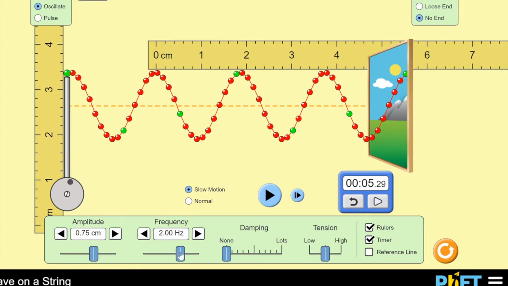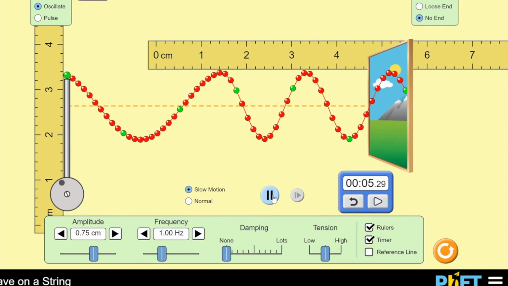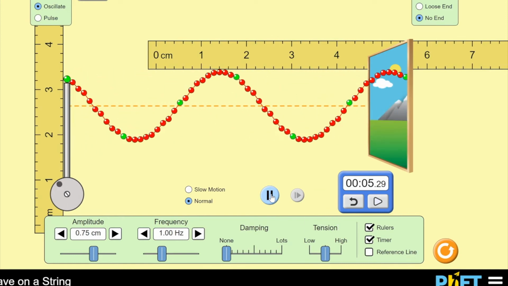we're going to change the frequency to 1 Hertz. And by changing it to 1 Hertz, we should have a different wavelength. Let's have a look at that. And this is in slow motion, remember. I'll do it at normal speed. There we go. And I'm just going to pause it.